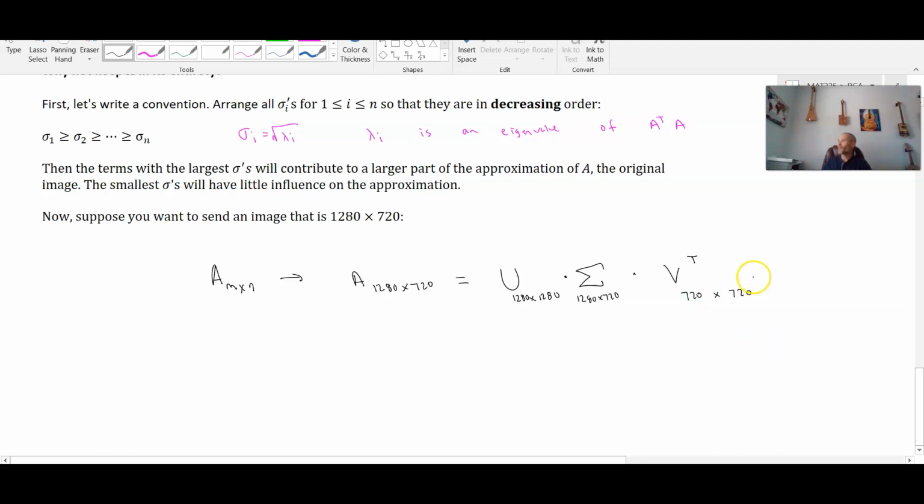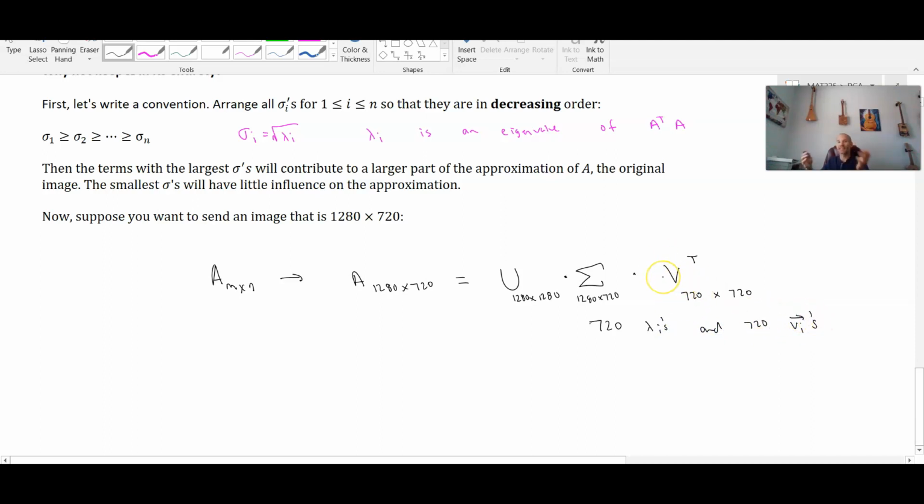So that means that there are going to be 720 different eigenvalues, since there will be 720 eigenvectors. So you'll have 720 lambda i's and 720 v i's, eigenvectors.